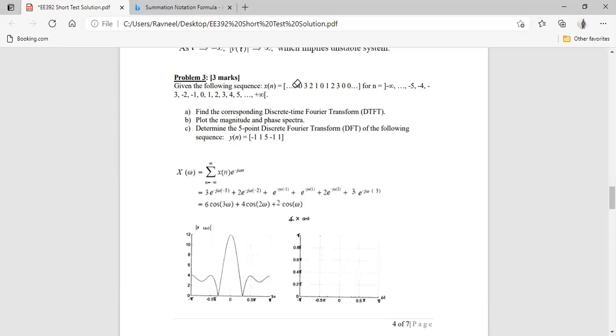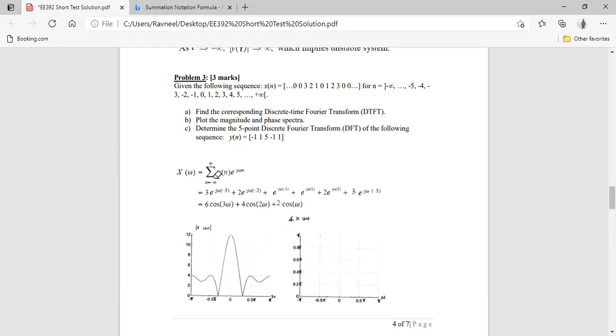So if the signal is an infinite series, we compute the transform by this particular formula: X of omega is equal to the summation of x of n multiplied by e to the power of minus j omega n, from n equal to negative infinity to infinity. This is the formula for the discrete time Fourier transform.